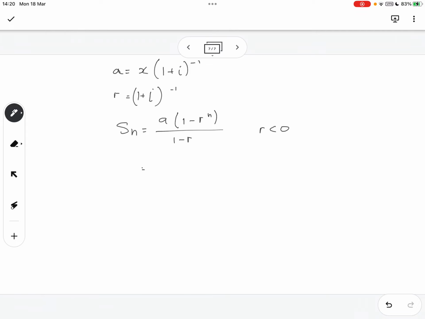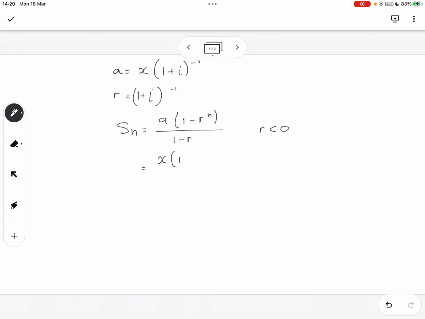And then the formula from that becomes, so when we're deriving the formula, first term is x into 1 plus i to the power negative 1. The ratio is 1 plus i to the power negative 1. And then the sum would be a into 1 minus r to the power n over 1 minus r, for r less than 1.